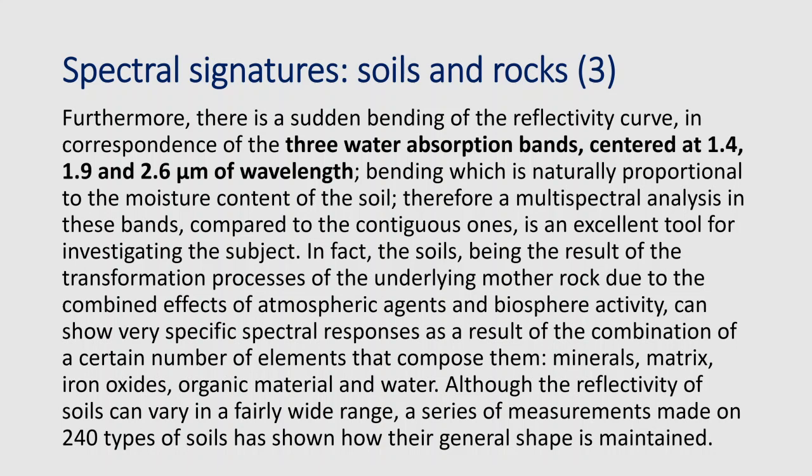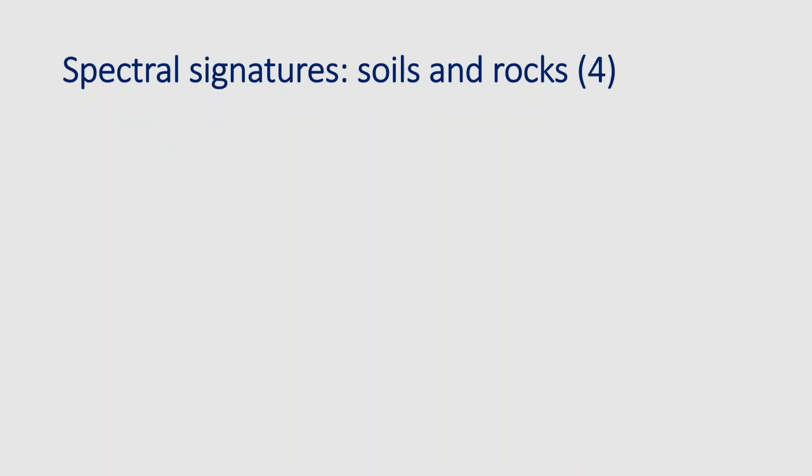But here it's very important to mention the fact that after many measurements of different horizons and of different soils, the general shape of the spectral signature is maintained, and as mentioned before for the previous figures, if you have, for example, a higher moisture content of the water, the shape will remain the same, but just shift towards lower reflectivity coefficients.